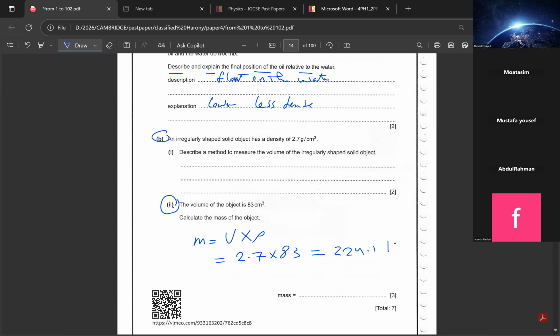Sure, kilogram. You have to check the unit of mass and density. Abdurrahman, what is the unit of density? Grams per centimeter cube. So mass will be in gram, not kilogram. Grams. Okay? And if you want to write the final answer, it will be two significant figures only. So it will be 220 grams. Okay? Yes.